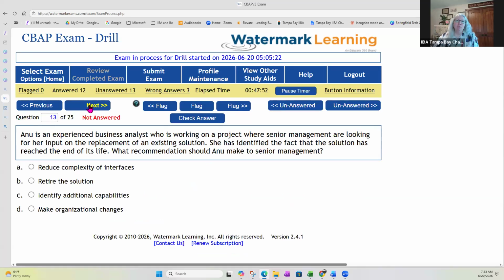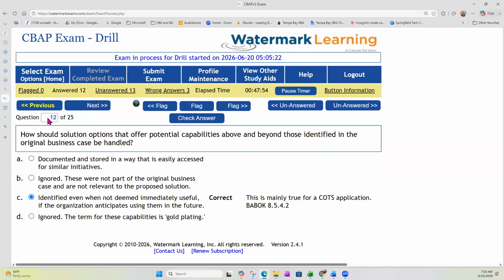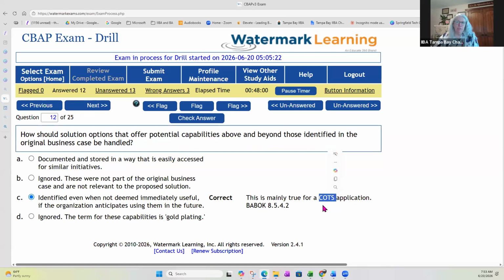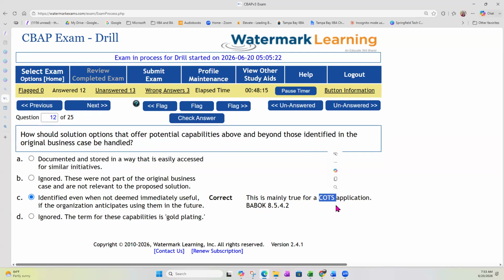I knew as an experienced... What's a COTS application? Commercial off the shelf. COTS is commercial off the shelf, and it's just the acronym for that. So anything that you buy, let's say you buy something for human resources to manage benefits and payroll and employee onboarding and offboarding and legal documents.